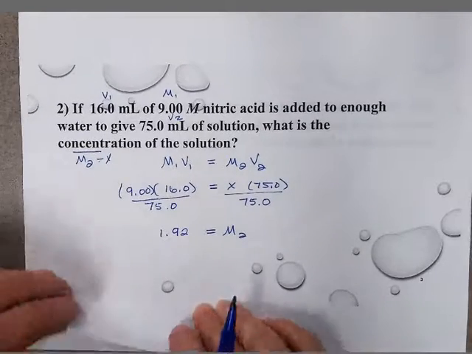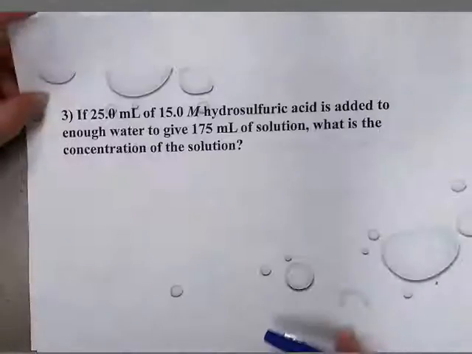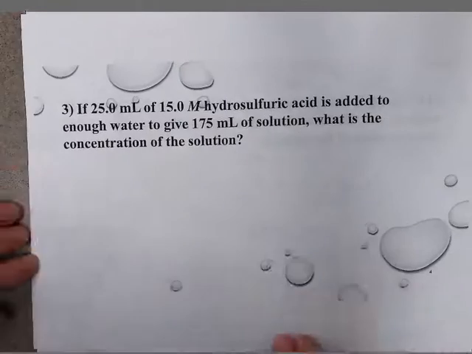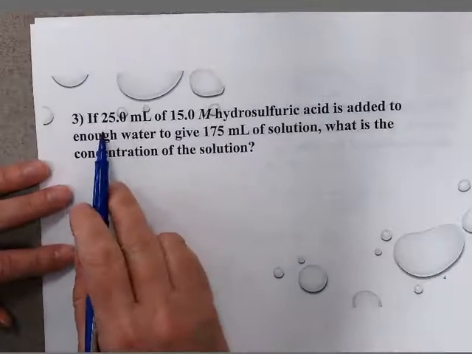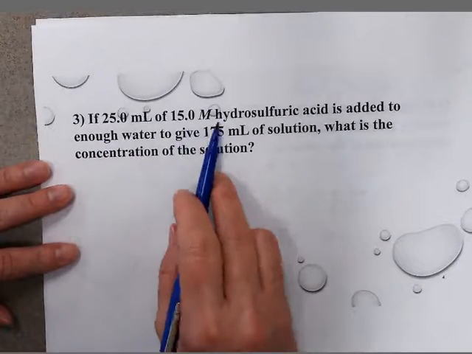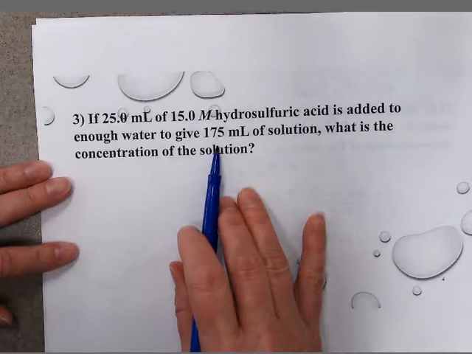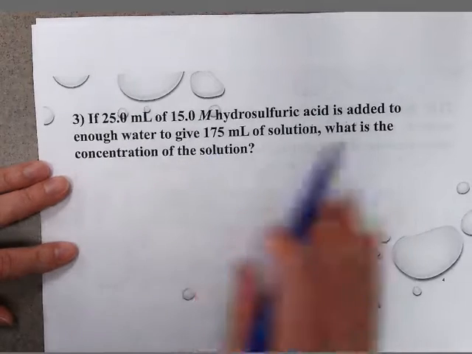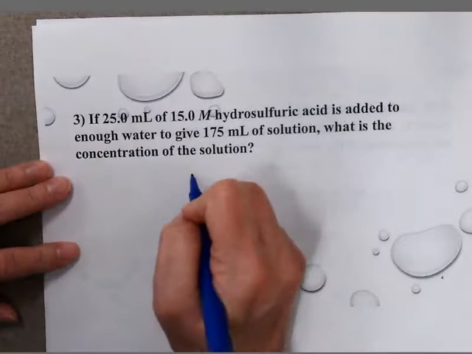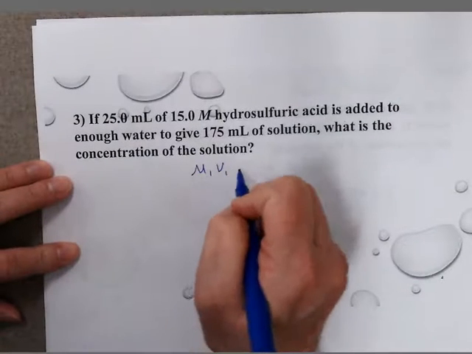Okay. Same kind of problem. Sorry. All right, we have 25 milliliters of 15 molar hydrosulfuric acid is added to enough water to give 175 milliliters of solution. What is the concentration of the solution?